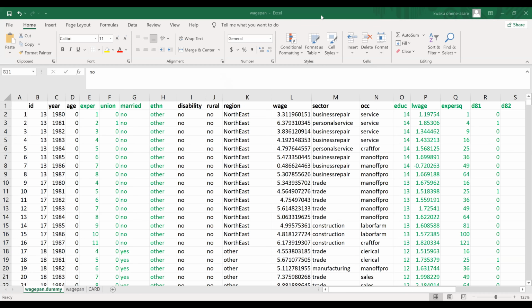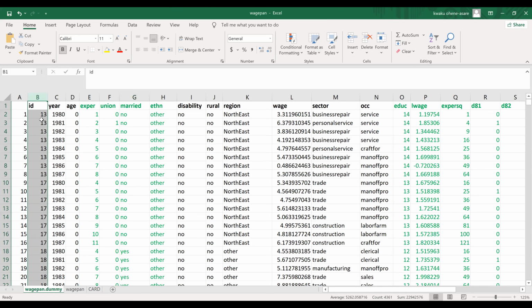It's very important to recognize this data. I want to give you some feel of the data. Look at the data set very carefully. This is a panel data, and it is in the long form. You can see that there is one line for every individual, as you can see, ID.